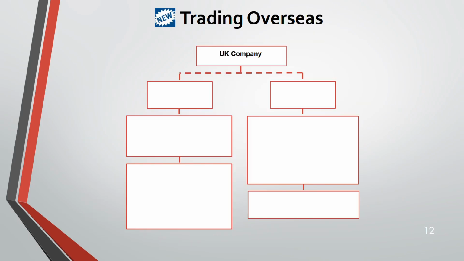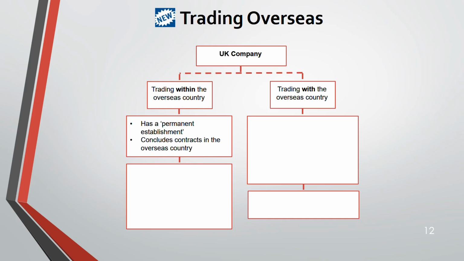Next, the UK company, when you're trading within the overseas country and when you're trading with the overseas country, see the difference, the impact of within and with. In your exam, you have to see, are you trading within or with? If you are trading within, you have a permanent establishment and conclude contracts in the overseas country. All your contracts will be in the overseas country.